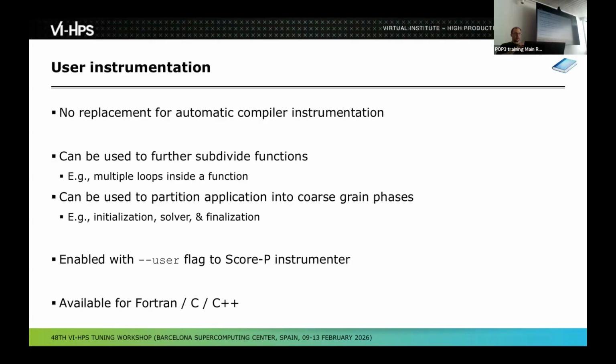It's also useful if you have problems with filtering because there's so much stuff to filter out. You can deactivate compiler instrumentation completely and just rely on a handful of manual user instrumentation. If you have half a dozen regions you want to look at, this is the way to go.